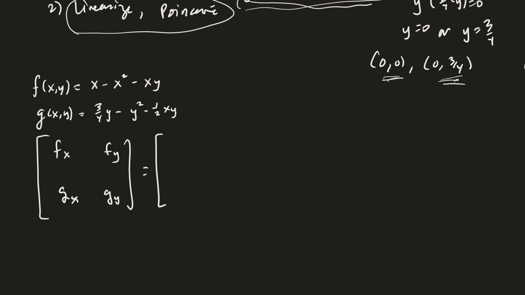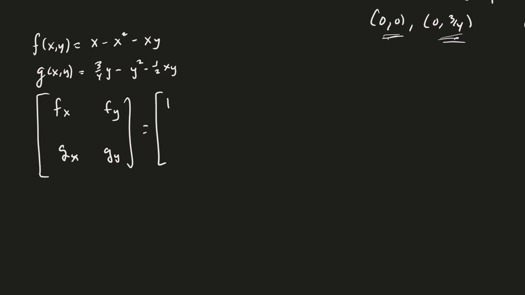So f sub x would be 1 minus 2x minus y, and then our derivative with respect to y is just minus x. Derivative of g with respect to x would be 1 minus 1/2 y, and then with respect to y would be 3/4 minus 2y minus 1/2 x.